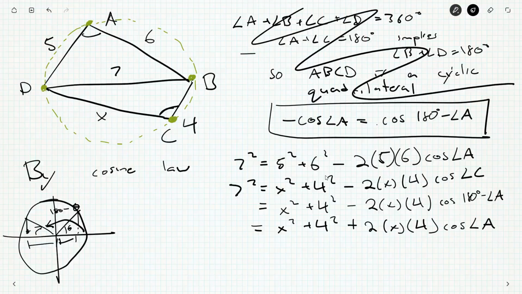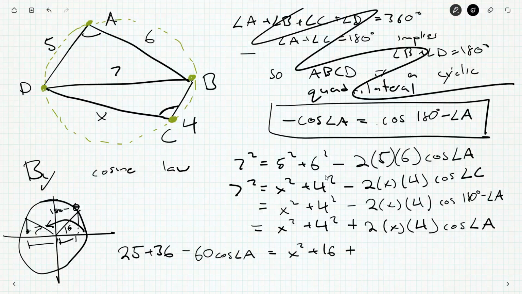So now I've got 7 squared expressed in two different ways. So we can say 25 plus 36 minus 60 cos A is x squared plus 16 plus 8x cos of angle A. So this cos A is bugging me, but we'll see what we can do with it.